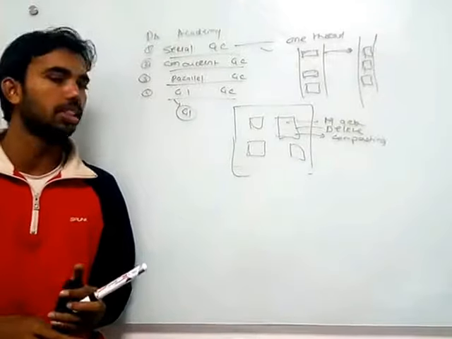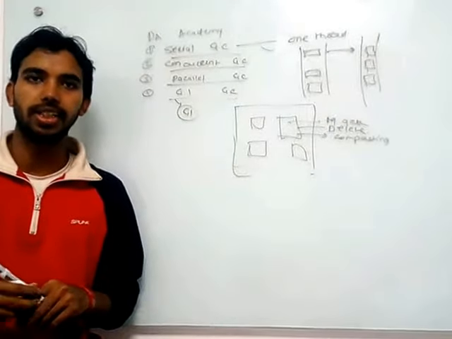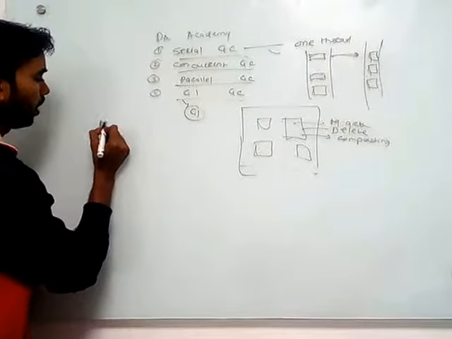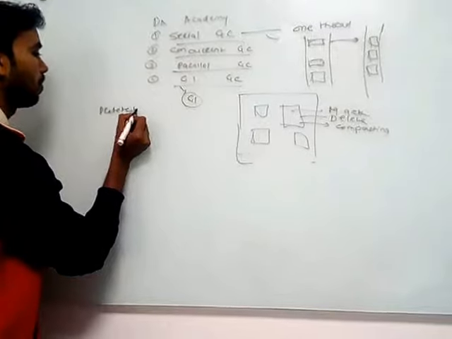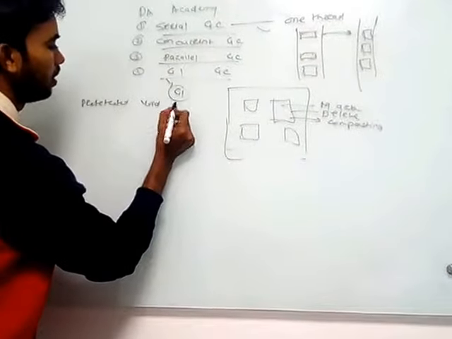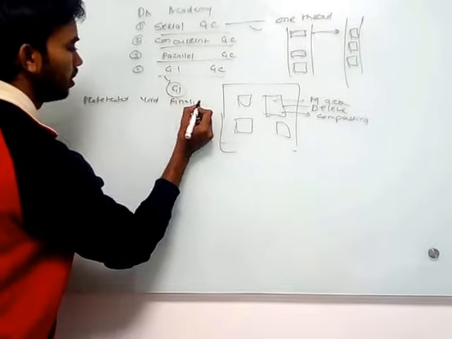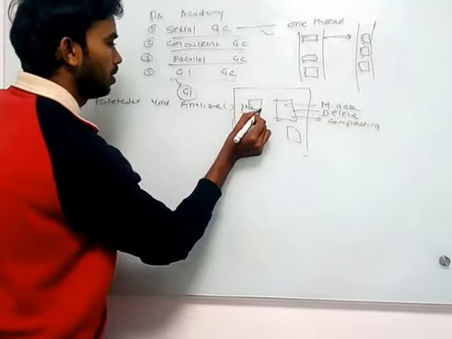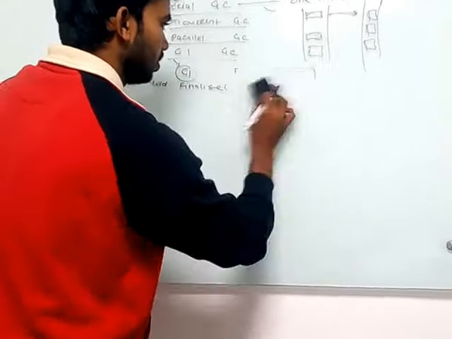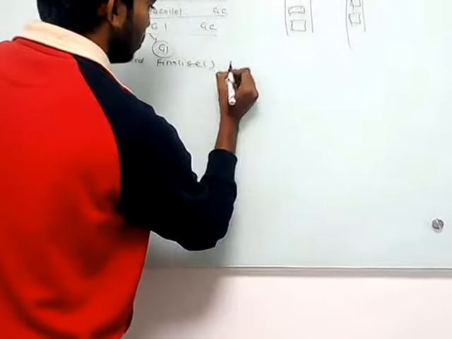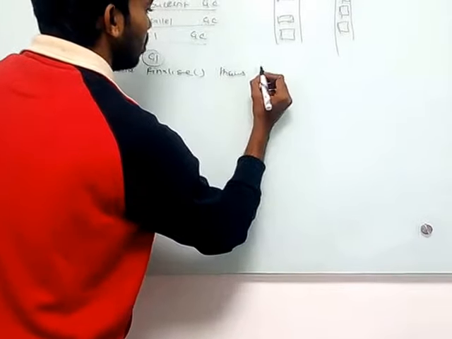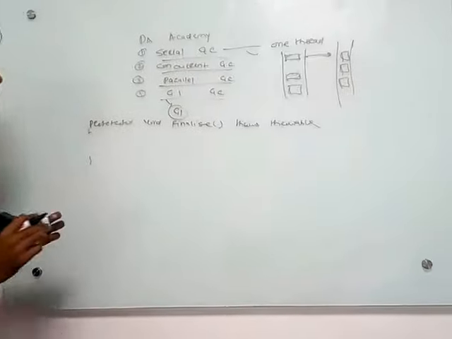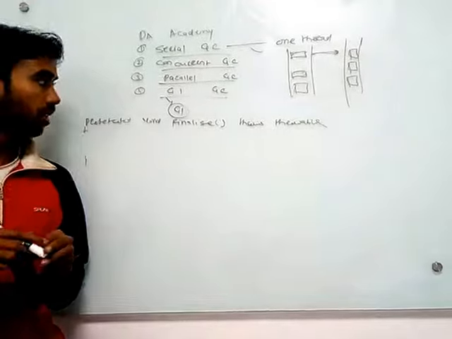This garbage collection has one method also, which is finalize. It is protected, and it is the one method included in garbage collection.